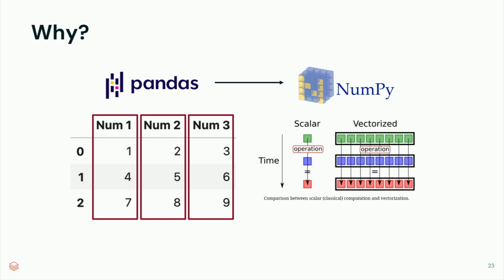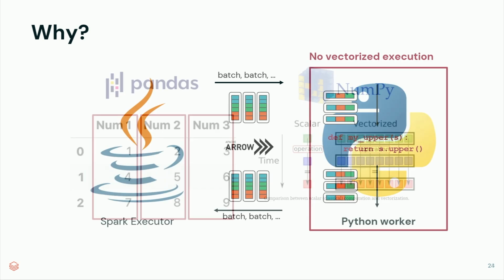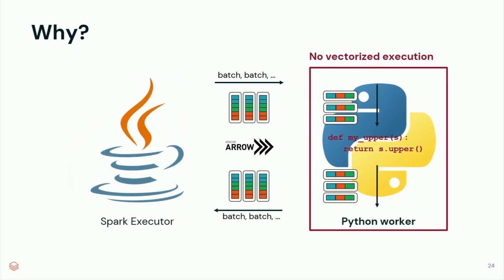Pandas is implemented under the hood by NumPy, so when you execute the function, you can do vectorized operations. But in this Arrow-optimized Python UDF, we are changing the Arrow batch into individual rows, and then we apply the function row by row. So you cannot really do vectorized operations. This was a little bit critical performance-wise. But still, since we switched the serialization format from pickle to Arrow, that boosted the performance up to 2 times.